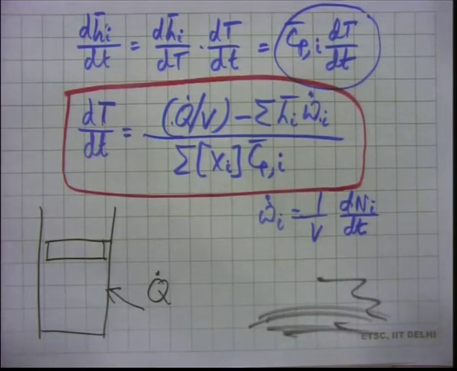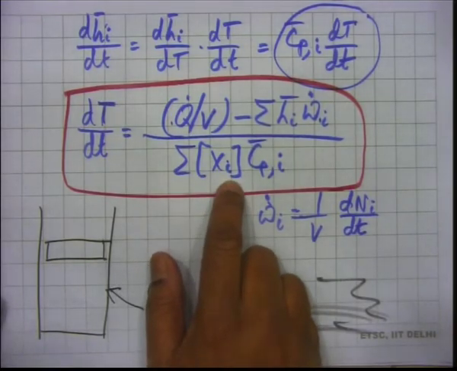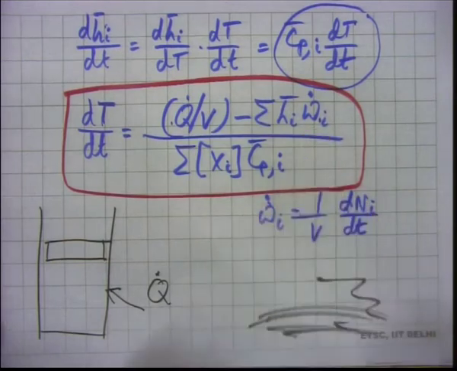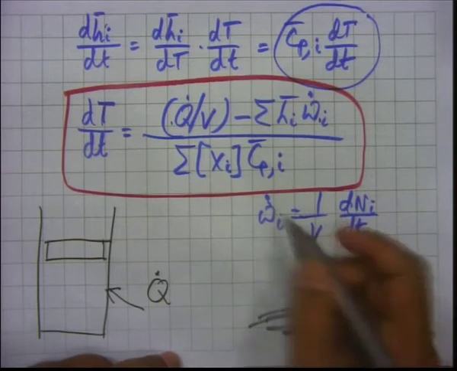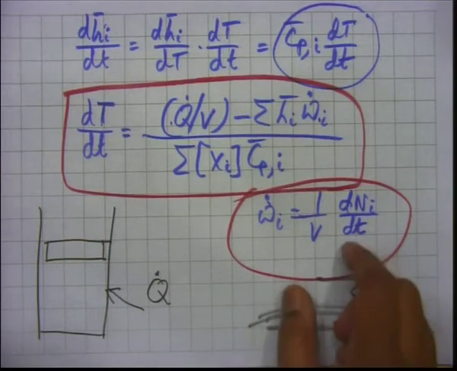It will also depend on the concentrations of various species, and it will depend on omega dot i. Now, what are omega dot i? They are essentially rates of reactions. They have some connection to rates of reactions, because this is 1 over volume dNi dt.